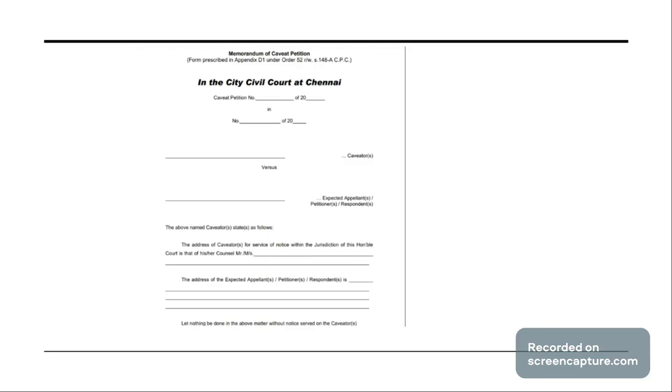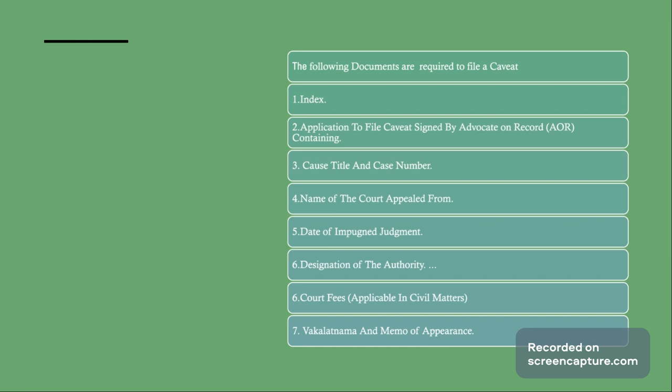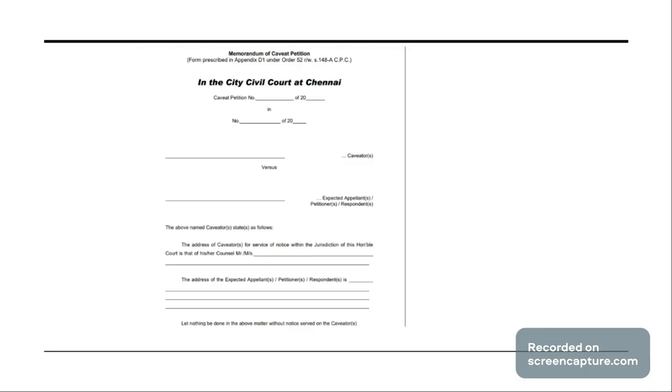So this is the format you can see here: the index, application to file caveat signed by advocate, title and case number. I'm giving the format for only the first or second pages. For the other pages, you can download the format from Google.